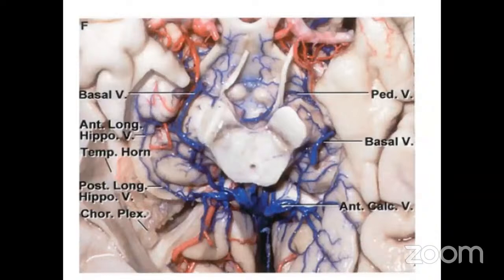In this diagram, we can see the posterior longitudinal hippocampal vein after removal of part of the temporal horn, and the anterior longitudinal hippocampal veins.